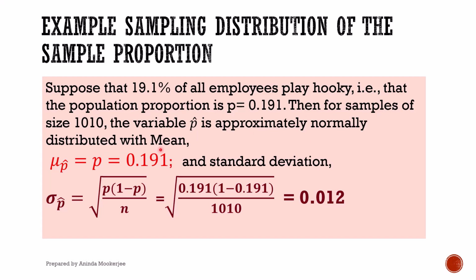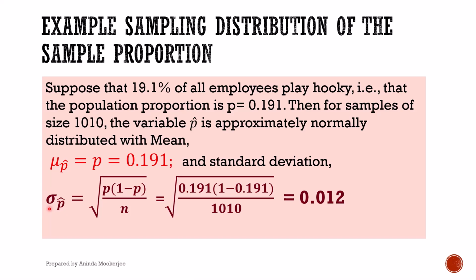How do we calculate the mean? Recall that mu sub P hat is equal to whatever the population proportion is. We have been given the population proportion as 0.191. Just write that down. There's no calculation needed to find the mean.